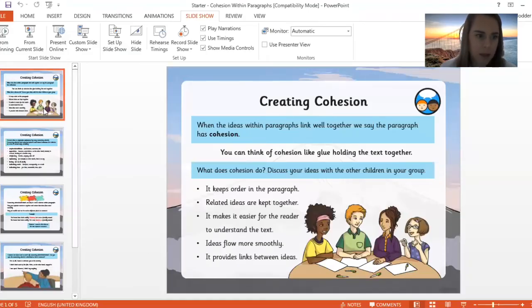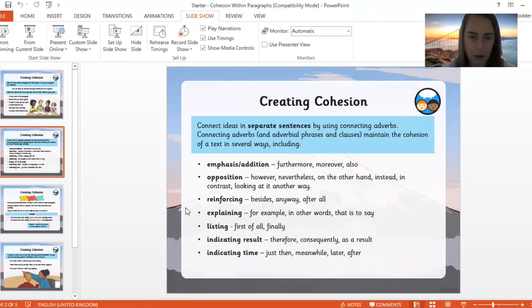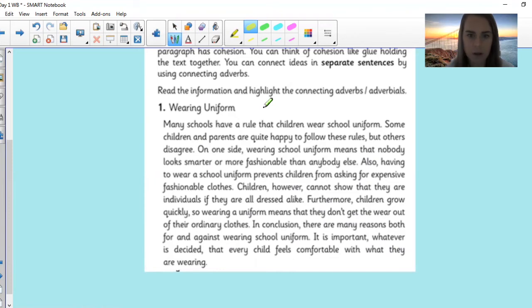So if we go back to this one, creating cohesion, we've got some examples in here: furthermore, moreover, although, for some emphasis, however, nevertheless, on the other hand, instead, in contrast. Are there any of these that we can find in here? Let's have a look at the first sentence. Many schools have a rule that children wear school uniform.